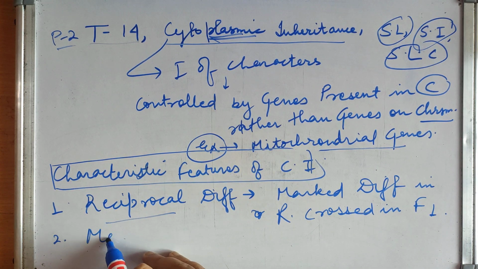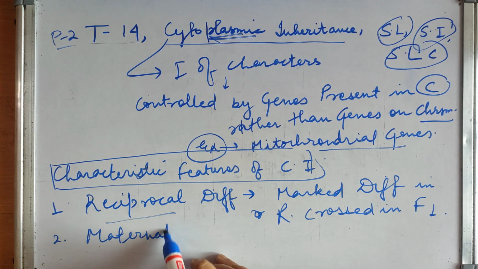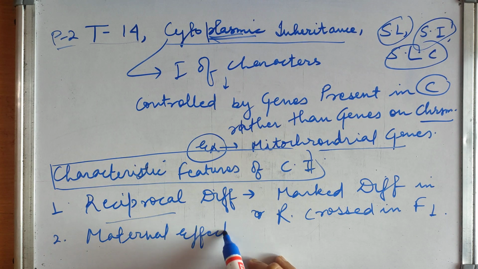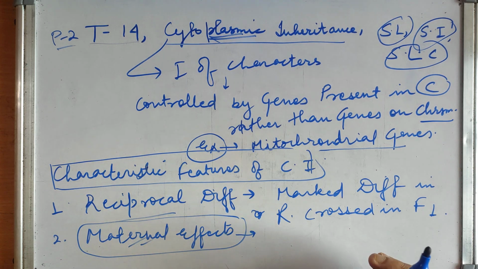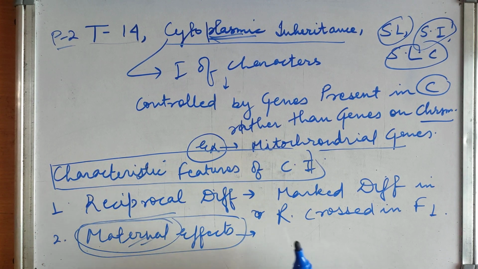Second characteristic is maternal effects. As this is governed by cytoplasm, these maternal effects can be seen because there is more contribution of cytoplasm to the zygote by the female parent.